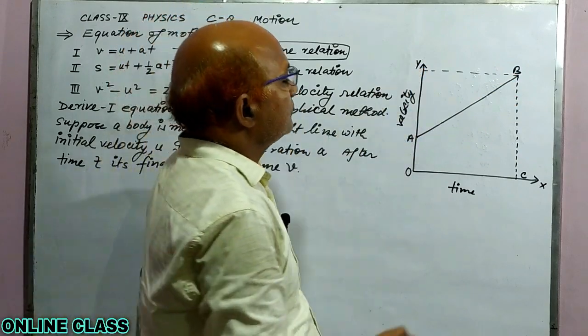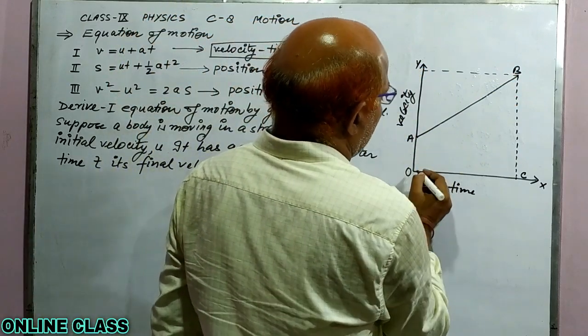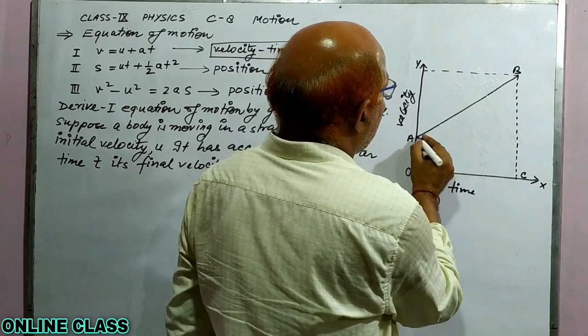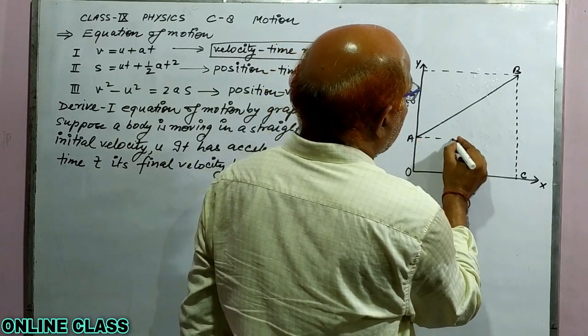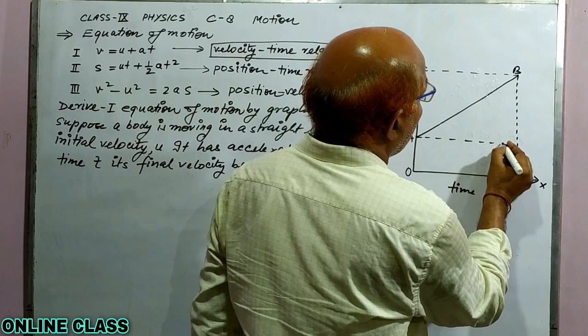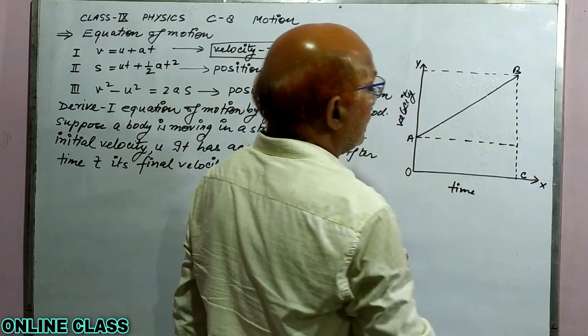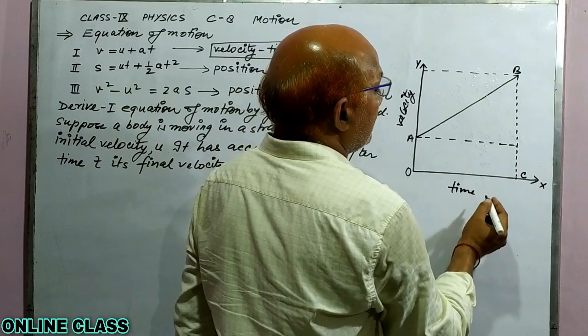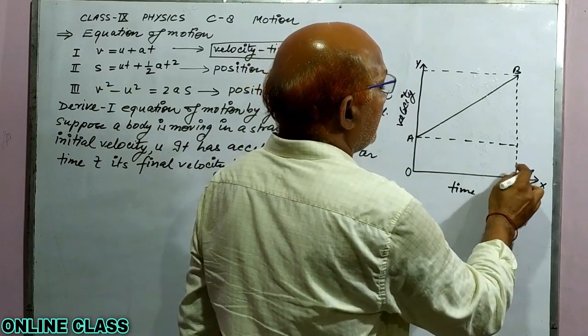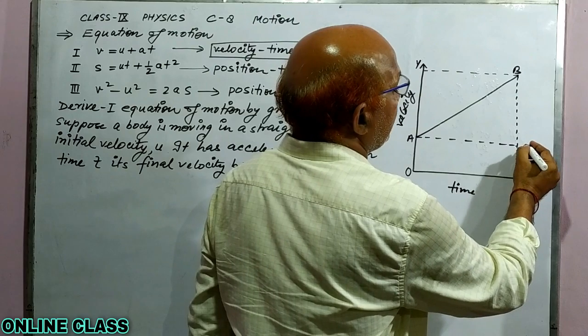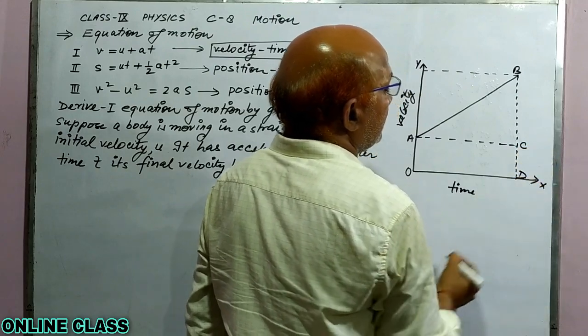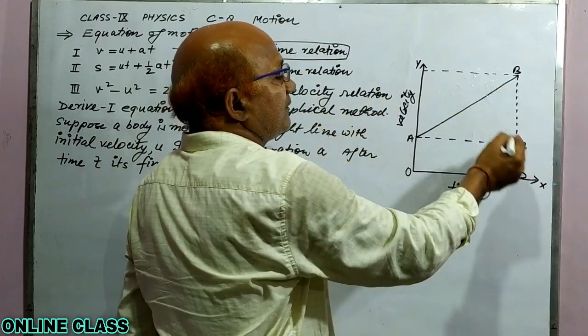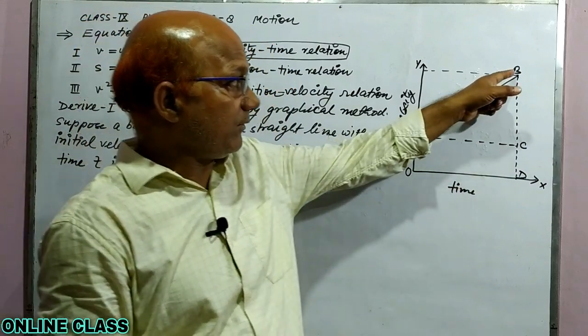Now draw a line from A which is parallel to OC. You can write here C, you can write here D. So BD is the line which is dropped from B point.